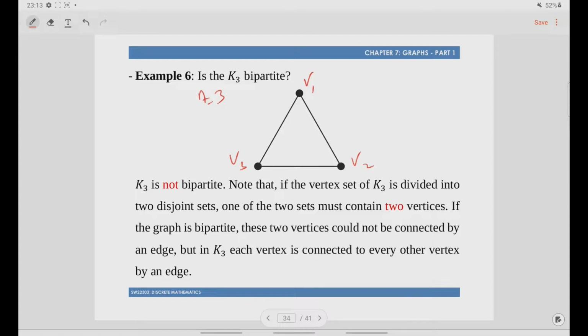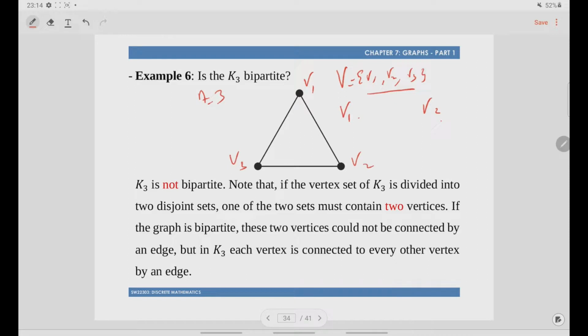Okay, why? Note that if the vertex set of K3 is divided into 2 disjoint sets, because we only have 3 vertices, so the original vertex set contains V1, V2, V3. One of the 2 sets must contain 2 vertices. Because there are only 3 vertices, one of these 2 sets must contain 2 vertices.